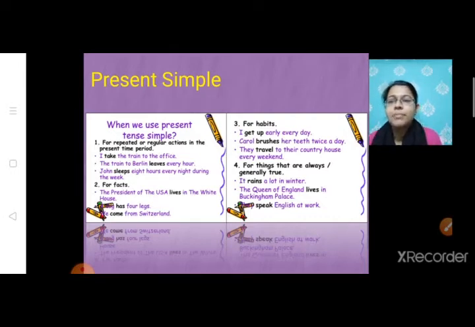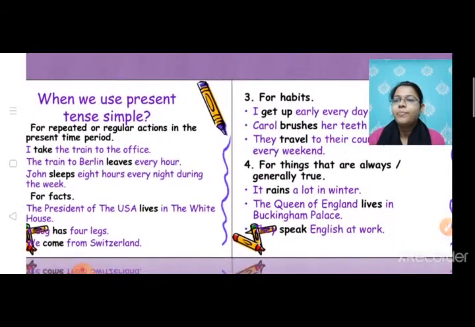Let's see the examples given over here. I take the train to the office. Over here, I daily take the train to the office and it's a repeated action, and that's why I have used the verb in a present form. Let's see the second example.